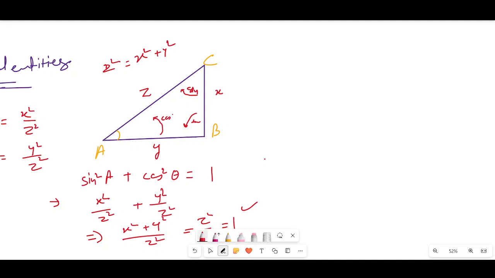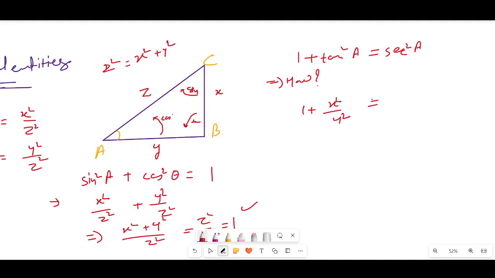In the same manner, we will be able to find others. Suppose 1 plus tan square A is sec square A. Clear? Now how does it come? 1 we can write, and tan square means x square upon y square.